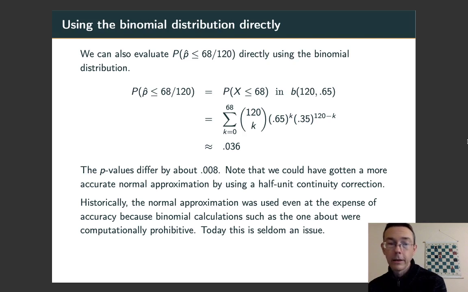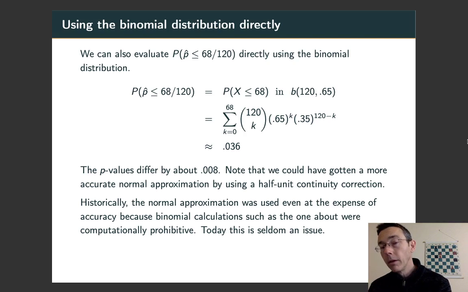Nowadays, of course, that's not the case, and we can evaluate the probability of getting a p hat less than or equal to 68 out of 120 very directly. We're looking at the binomial distribution b of 120, comma, 0.65, 0.65 chance of success, n equals 120. Probability of getting no more than 68 successes.